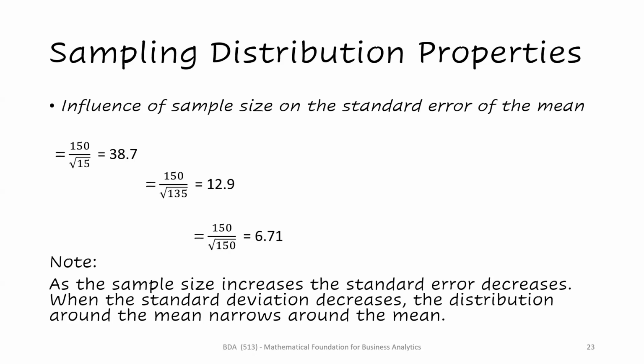You can have 20 samples, each with a sample size of 15. In another instance, you can have 20 samples, each with a sample size of 135. That means you have more people you are interviewing, isn't it? The more people you bring into your sample, the more information you have, so the error reduces.